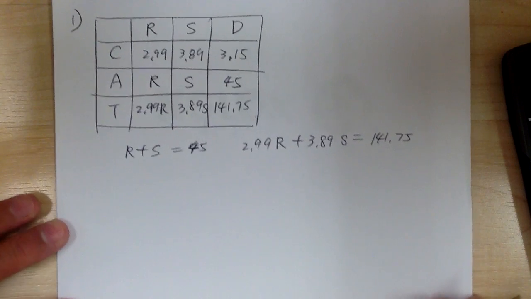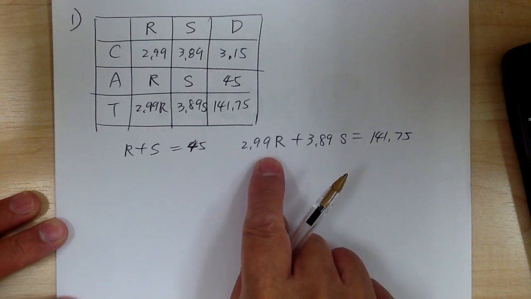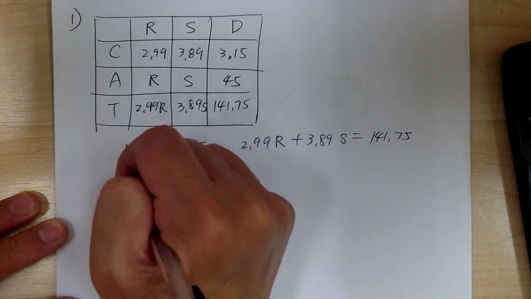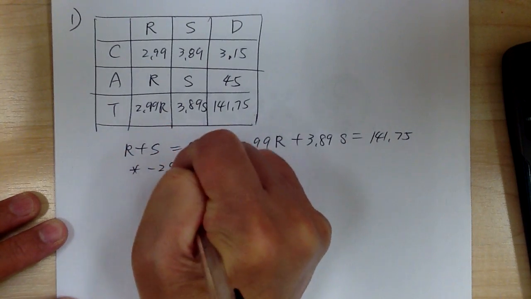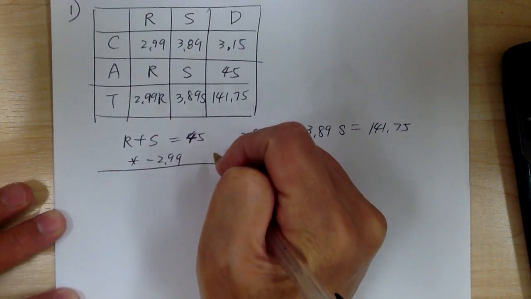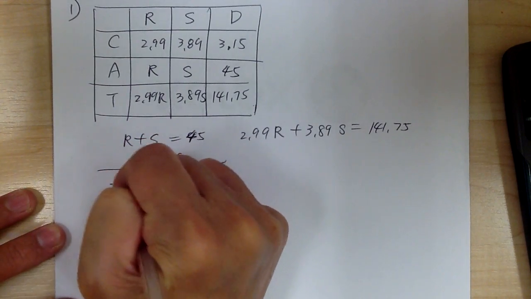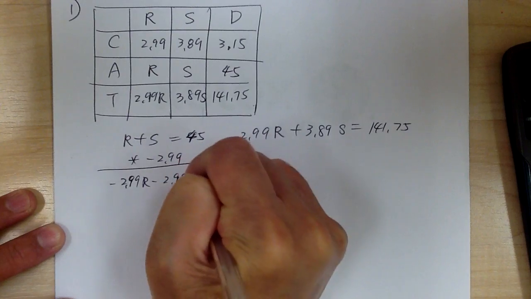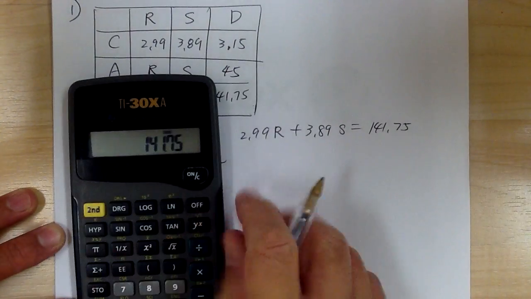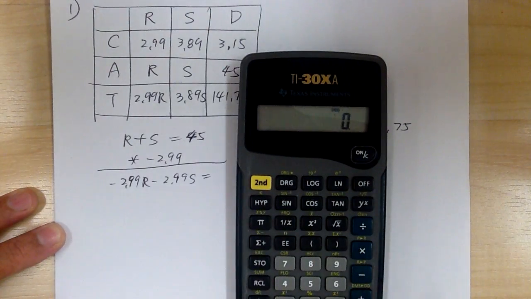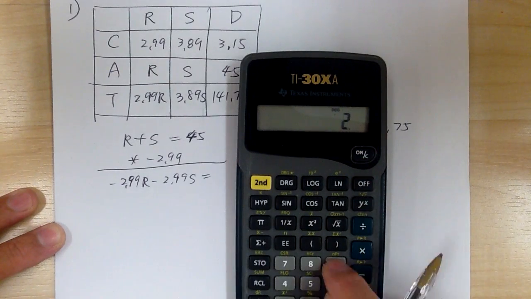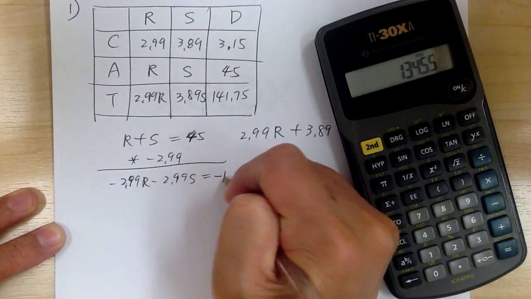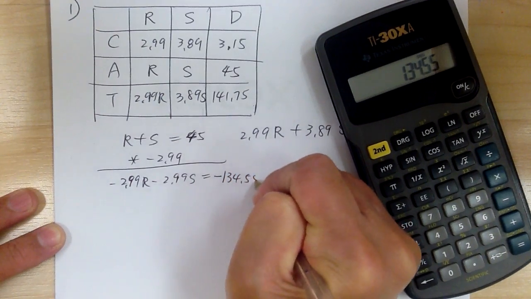Then after that, you want to eliminate. So that's going to eliminate the lower number so you don't have to deal with negative numbers. So eliminate the R. So multiply by negative 2.99. So you get negative 2.99 R minus 2.99 S equal to negative 134.55.